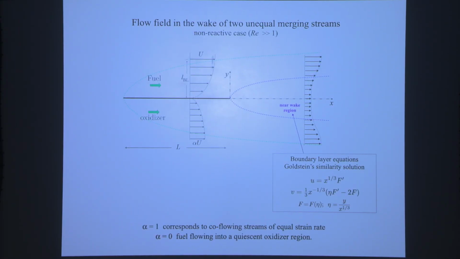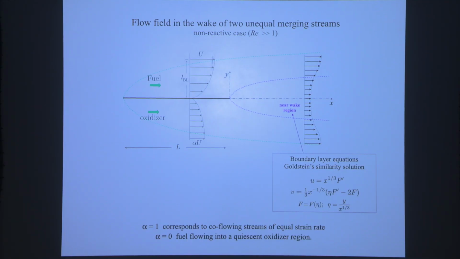first let's talk about the flow field. The flow field in the wake of two merging streams roughly will look like this. This region, which is known as the near wake region, admits a similarity solution, and this is known from the 40s or 50s, I don't know, by Goldstein.